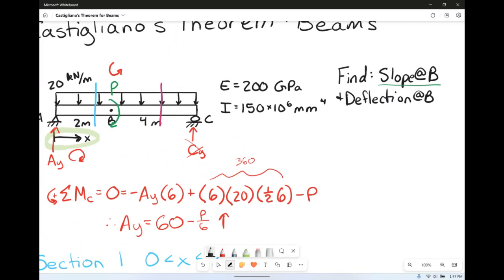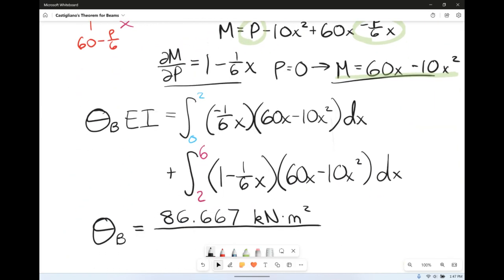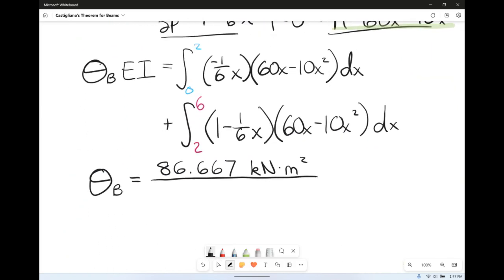So for E, we have 200 gigapascals, and I, we have 150 times 10 to the 6 millimeters to the 4th. But we're writing our units because we have to be very consistent with our units. So we have 200 gigapascals. Giga is times 10 to the 9th. A pascal is a newton per meter squared.